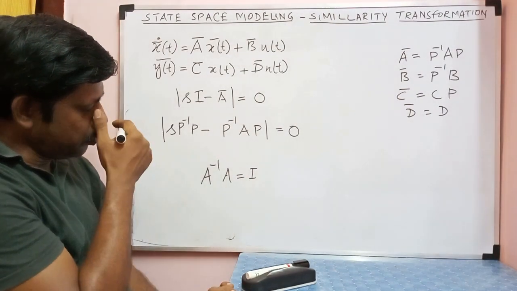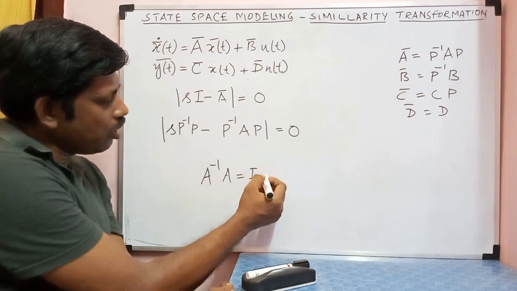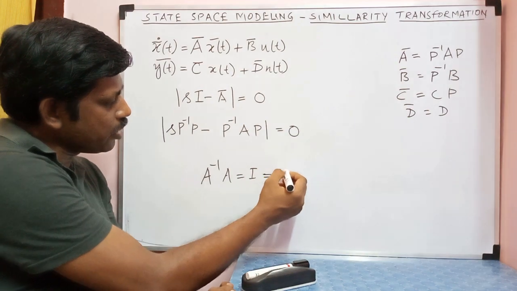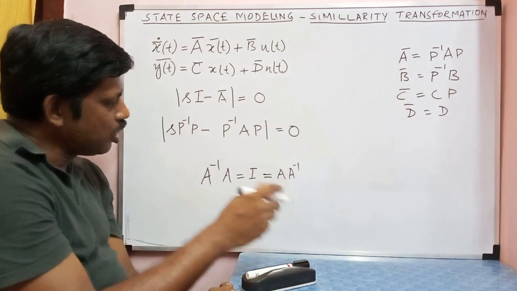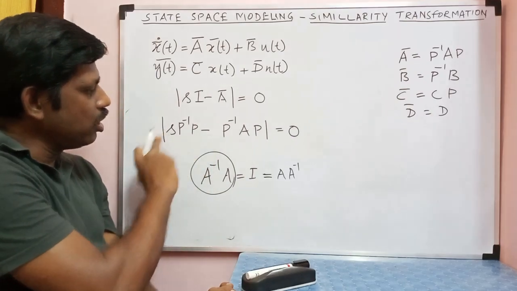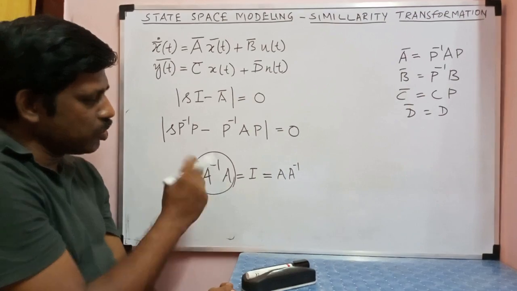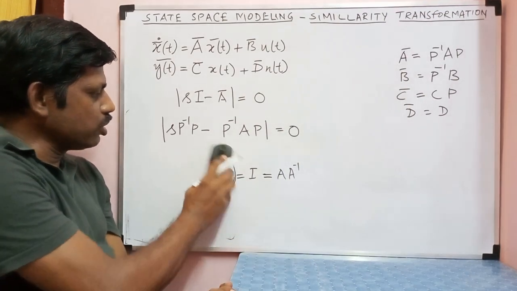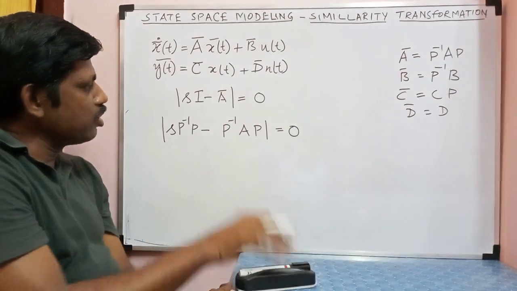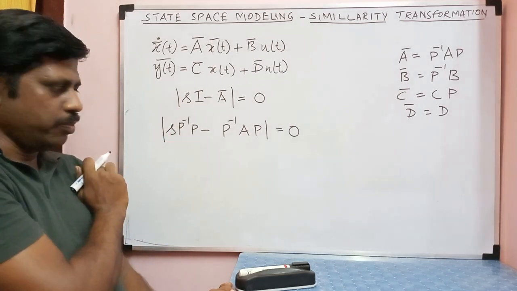Any identity matrix can be represented as A inverse A, or also as A A inverse. But since this substitution favors me in the simplification of this equation, I'll be using this. So this identity matrix I is represented by P inverse P.